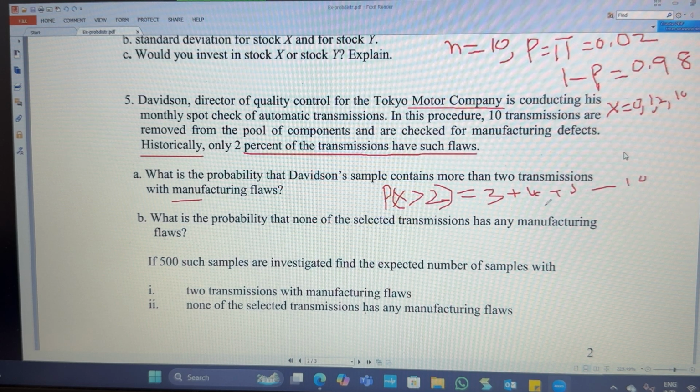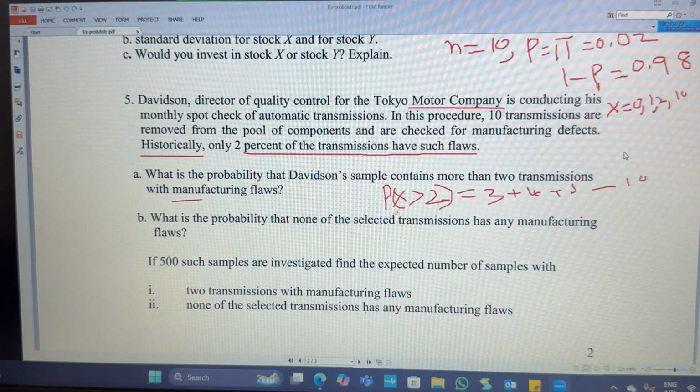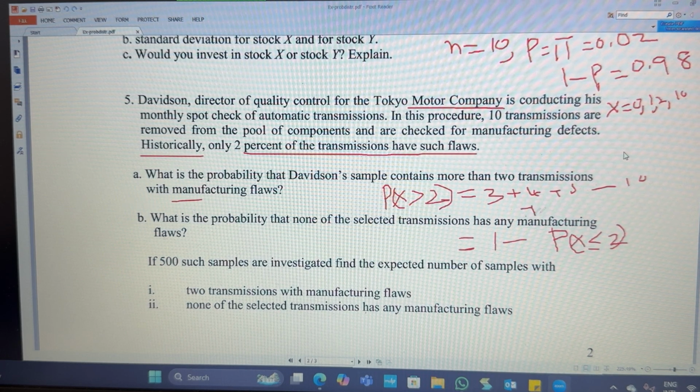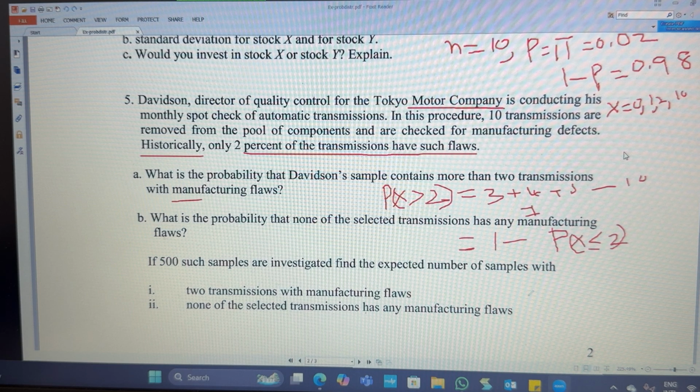You have to find each and add them. Or alternatively, this equals 1 minus P(x less than or equal to 2), because the total probability is 1. This would be similar either way, but if you find this, your work is less.